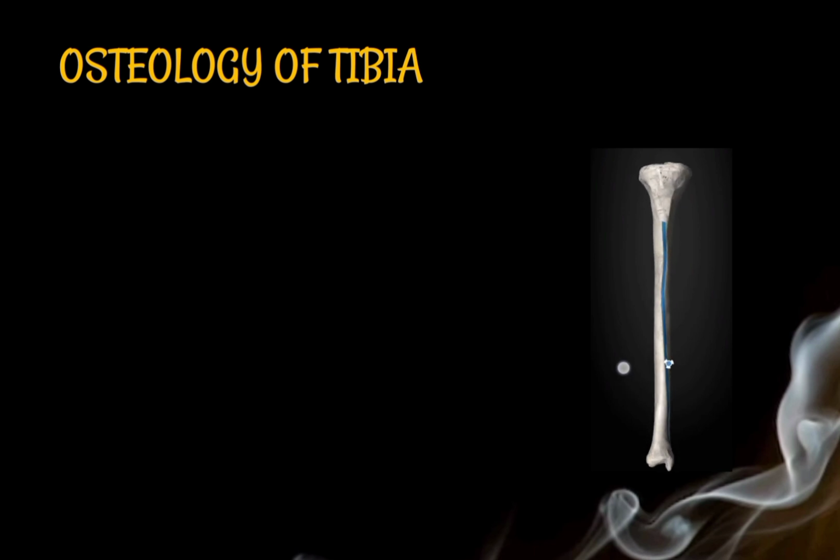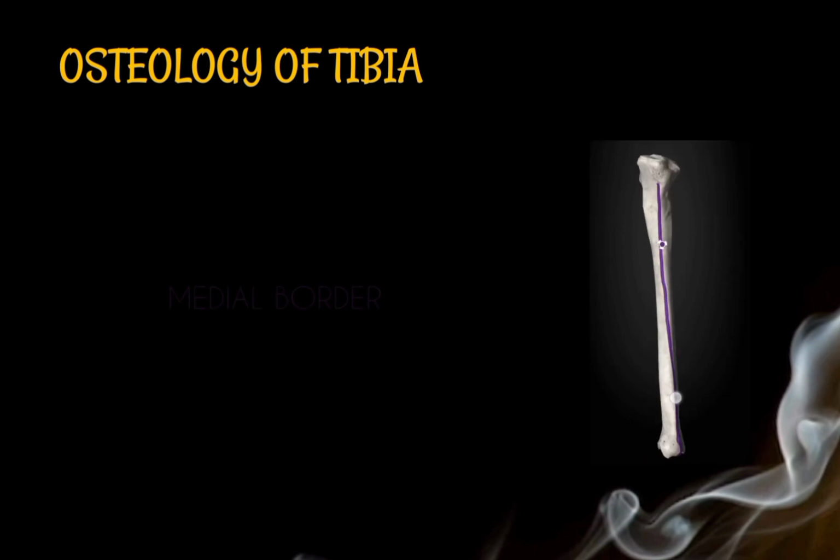So guys, this is the anterior border of the tibia bone, and it is also forming the shin, and it is the most prominent border, and you guys can palpate it on your leg as well. On your leg you will feel a prominence, that is the anterior border of the tibia bone.